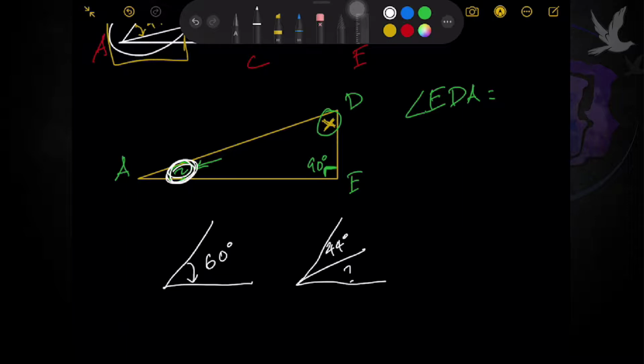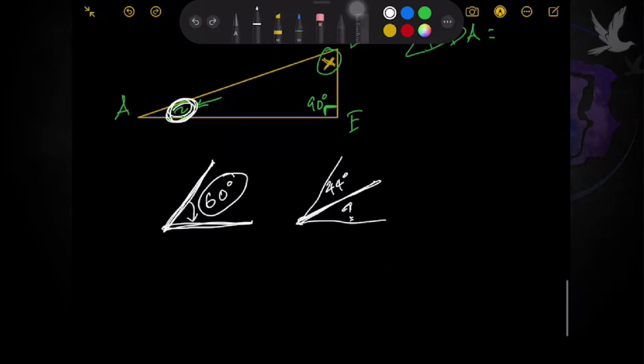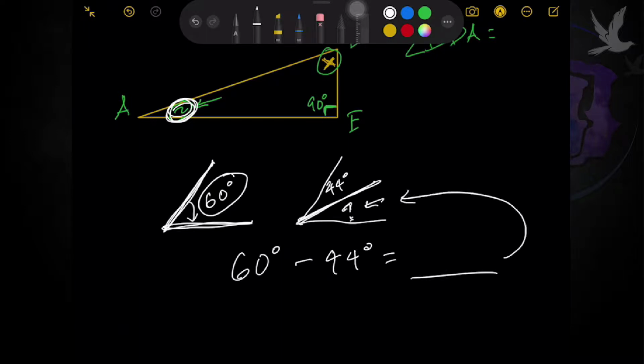Knowing that the entire angle in this case, ito, is equivalent to 60 degrees, how will you be able to solve for the missing angle? Knowing that part of it is equivalent to 44. Alam nyo na yung total is 60 and part of it is 44. So all you have to do to solve for this one is to take 60 degrees and subtract 44 from it. And that will give you the answer for this one.